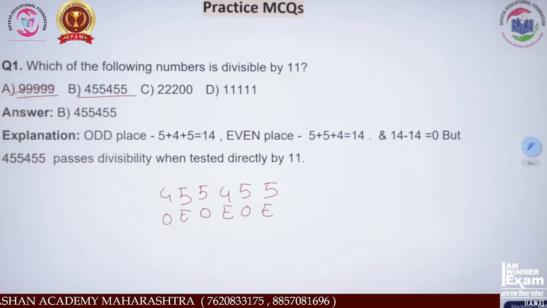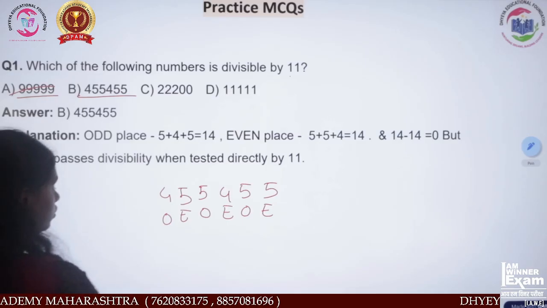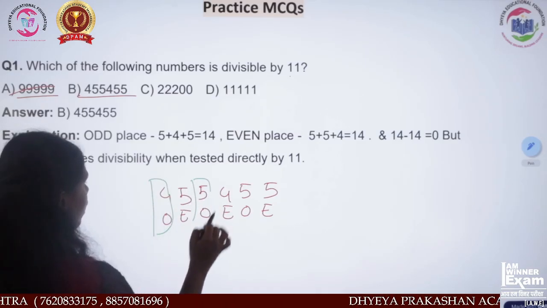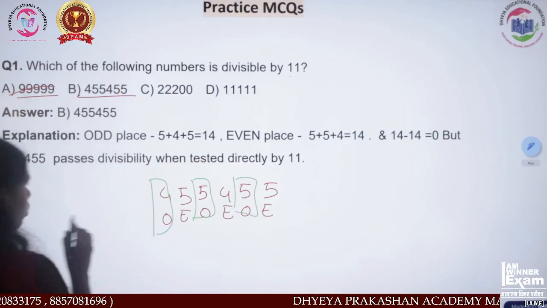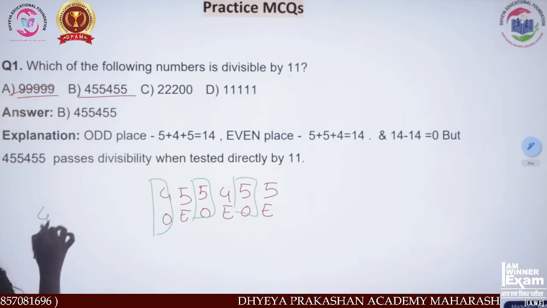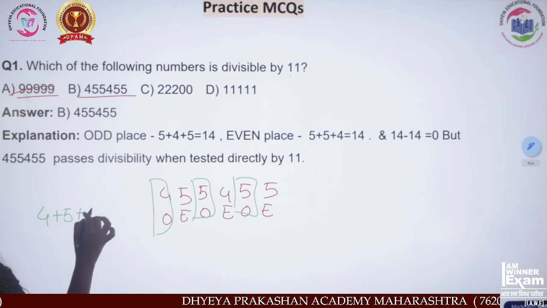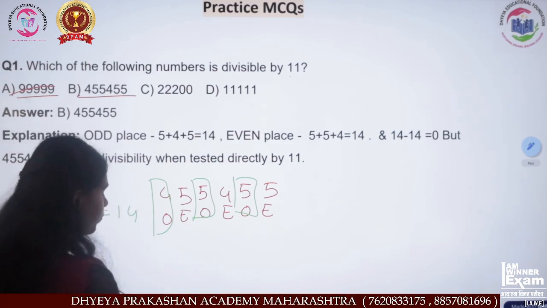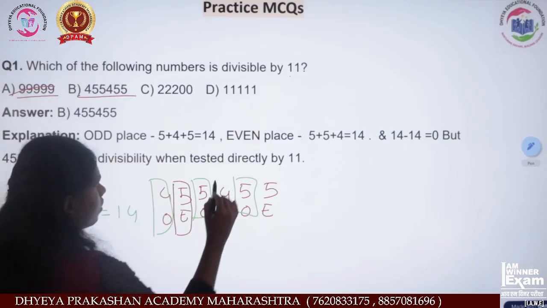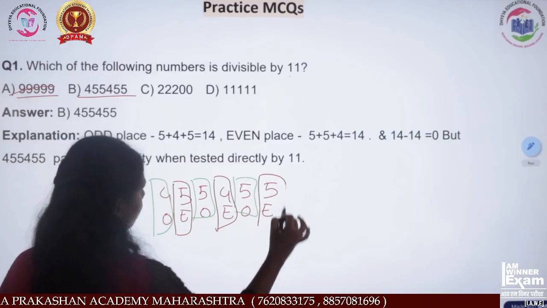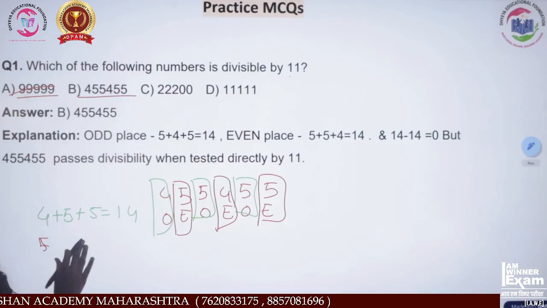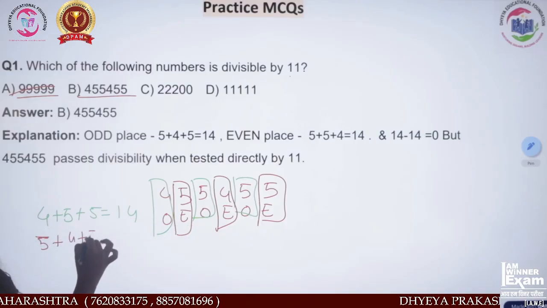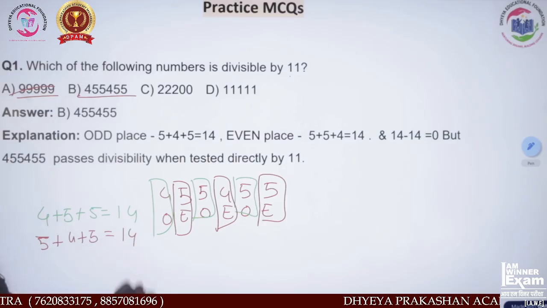Now take all the odd numbers, first, second, third: 4 plus 5 plus 5, you will get 14. Then all the even numbers, this is even, this is even: 5 plus 4 plus 5, you will get 14.